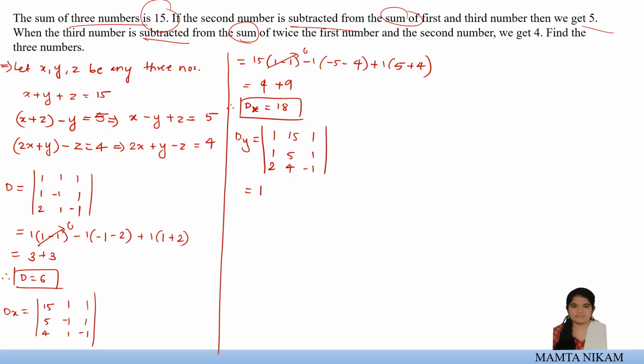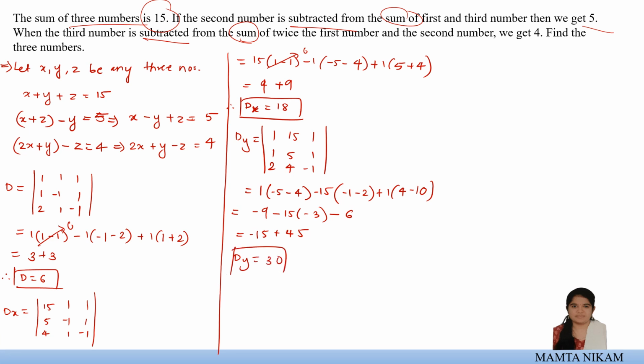Then this will be 1 times (minus 5 minus 4) minus 15 times (minus 1 minus 2) plus 1 times (4 minus 10). This is minus 9 minus 15 times minus 3 plus minus 6. So this will be minus 15 plus 45, and Dy will be 30.